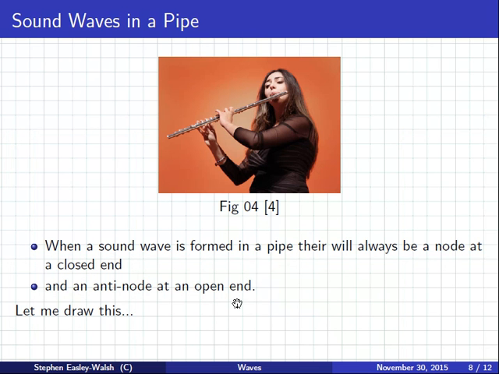So please make note of that. That's the most important thing for these pipes here. The node is at the closed end and the antinode is at the open end. Yeah? Got that? Okay.